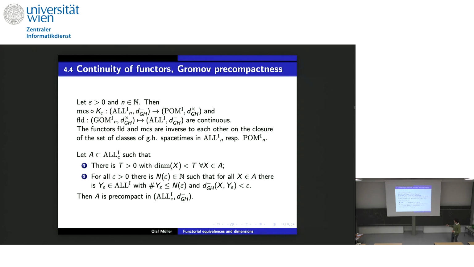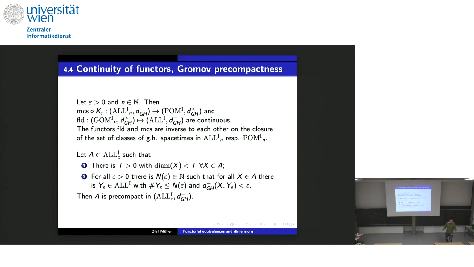Here, this K epsilon, imagine you have some Cauchy slab. The boundary is trouble, so you just cut away an epsilon piece of the boundary for technical reasons. And then those functors are inverse to each other on the closure of the set of globally hyperbolic spacetimes because of continuity automatically.